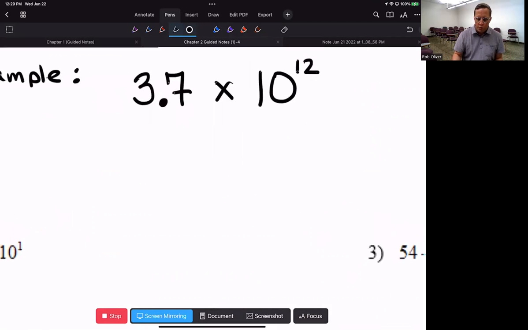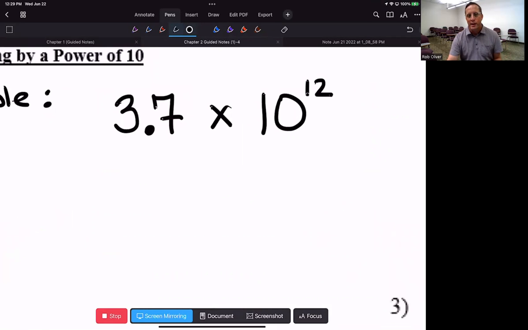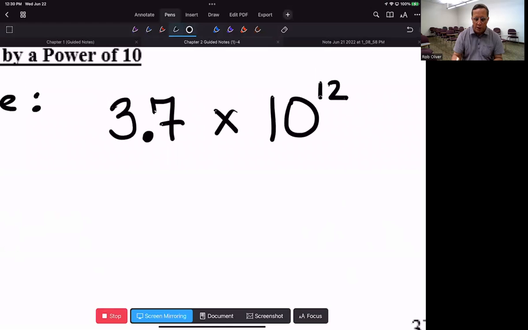Now, this number right here, 3.7 times 10 to the 12th, is considered in scientific notation, right? There are a lot of different answers for a scientific notation problem, but this is just one of them.